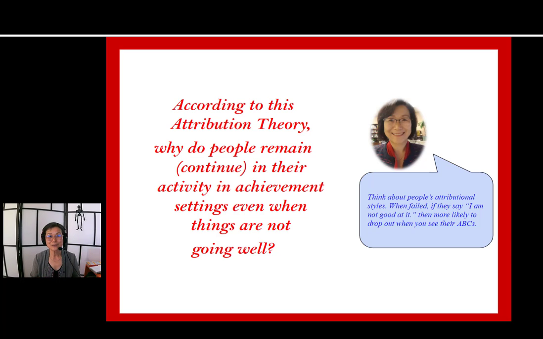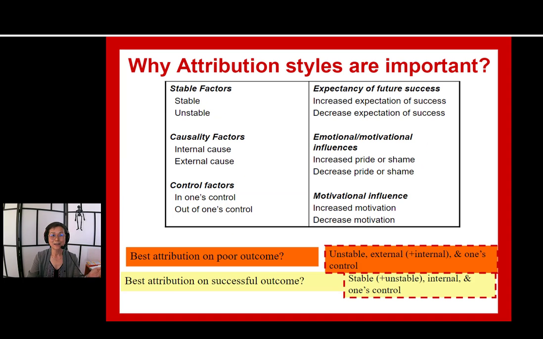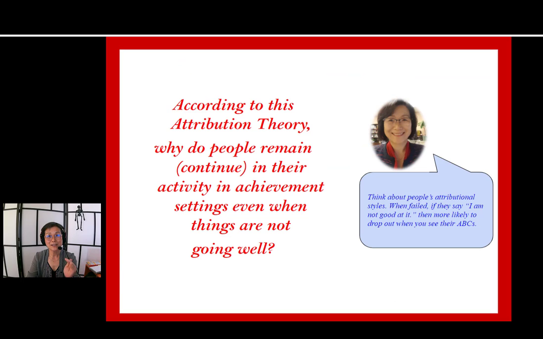Now you need to go back to the slide. If they fail, what type of attribution or style do they need? If they succeed, what type of attribution or style do they need to have so that they can continue even when things are not going well? Can you answer this question using attribution theory?